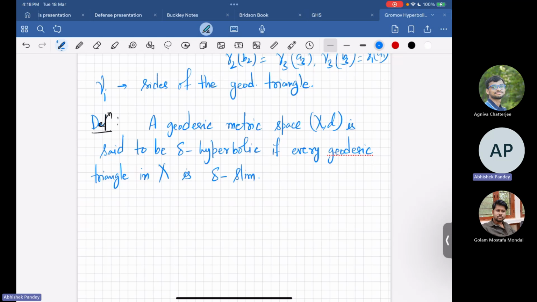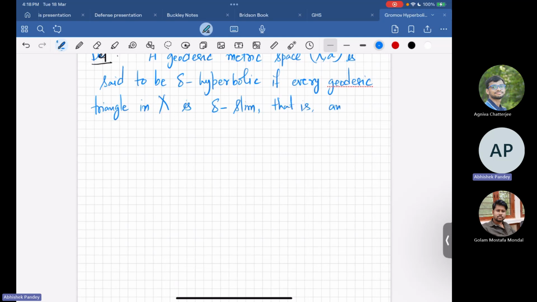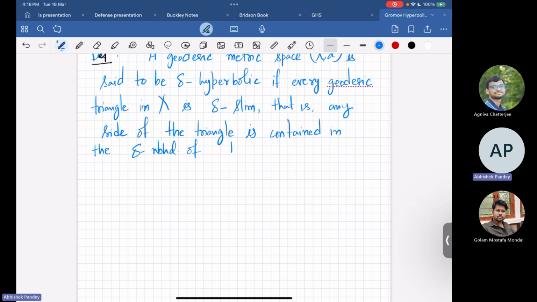What does it mean? Delta-slim means that if you take any side of the triangle, it is contained in the delta neighborhood of the union of the other two sides.